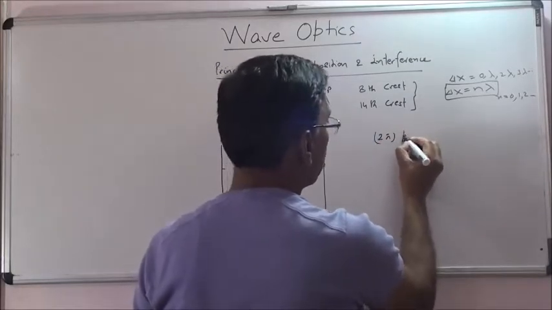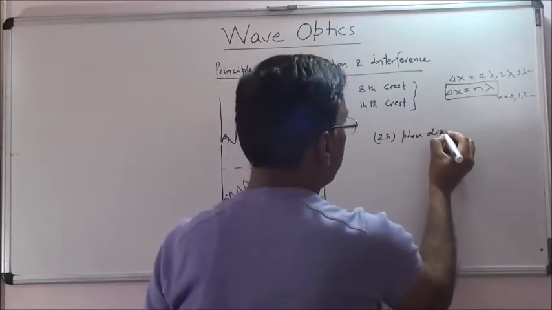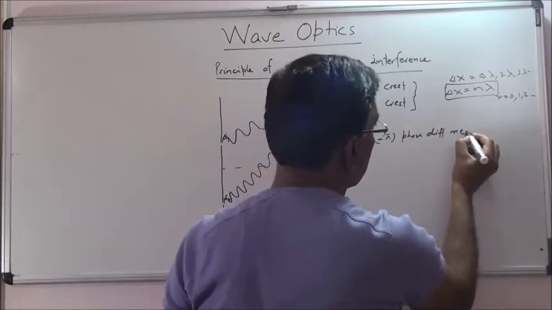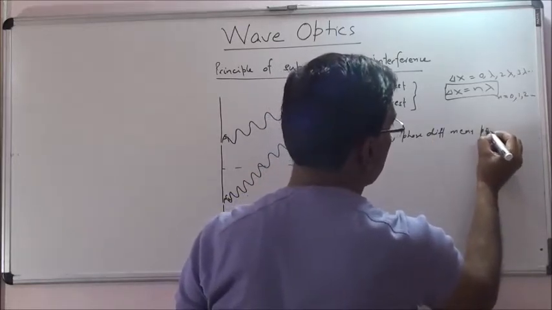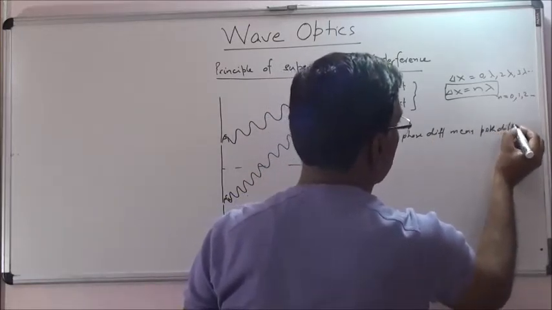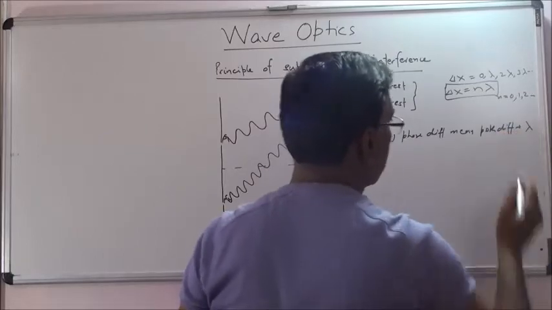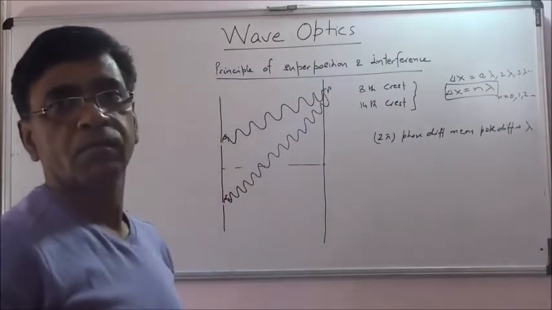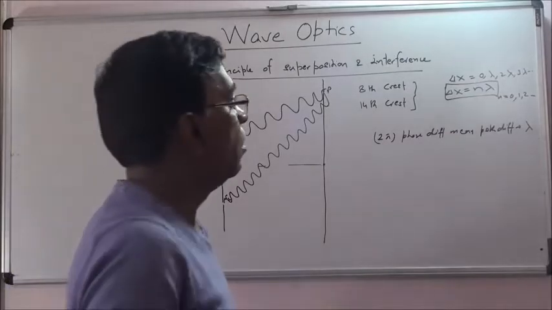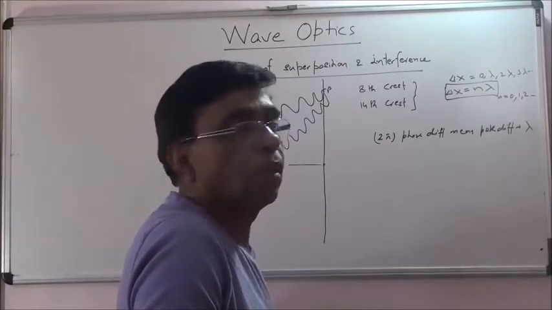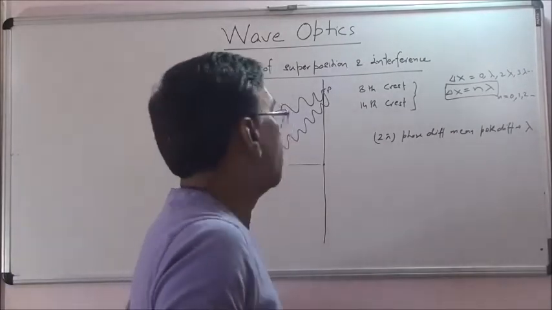2 pi phase difference means a path difference of lambda, right?